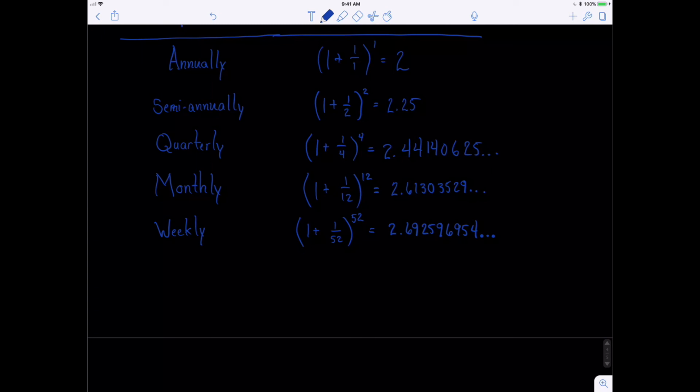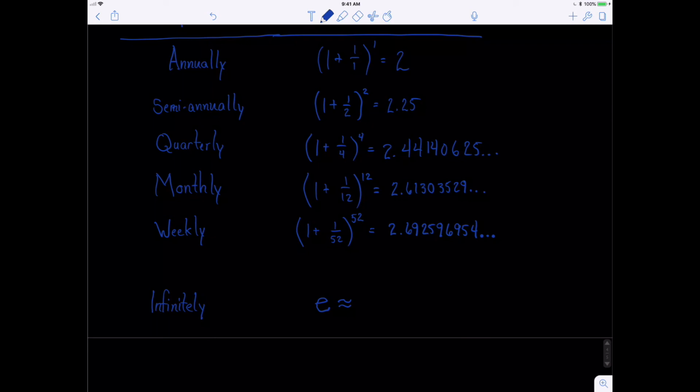It reaches a limit. And that limit, if you were compounding infinitely, is the number that you would reach, which we call E. It's represented by the letter E, and it is a decimal that never ends.